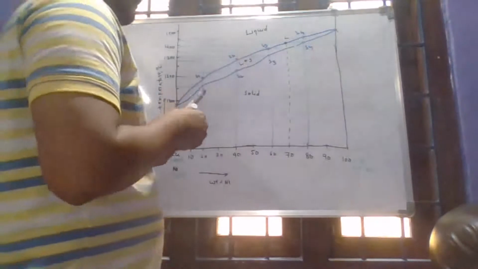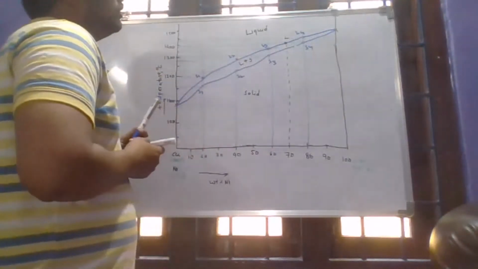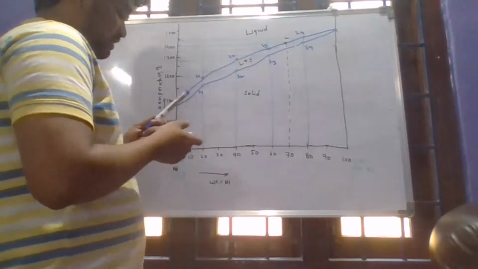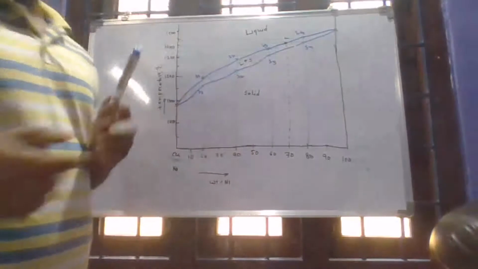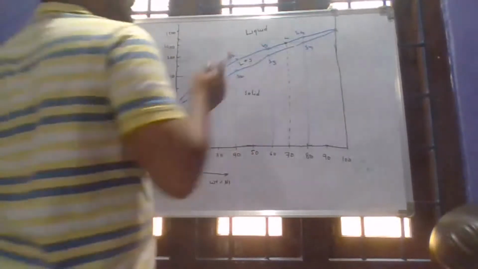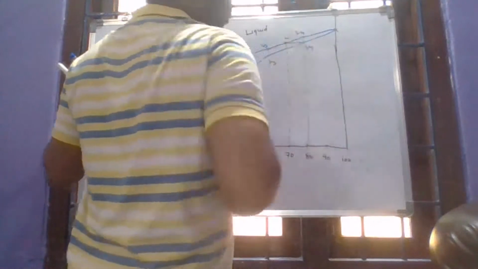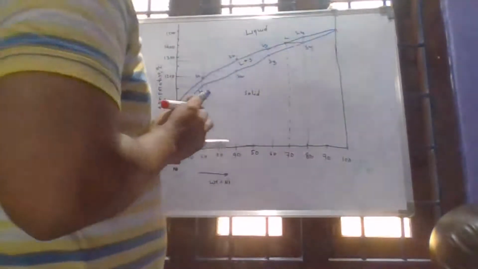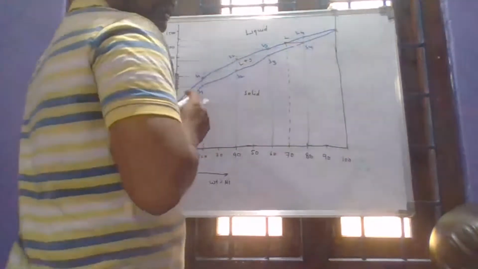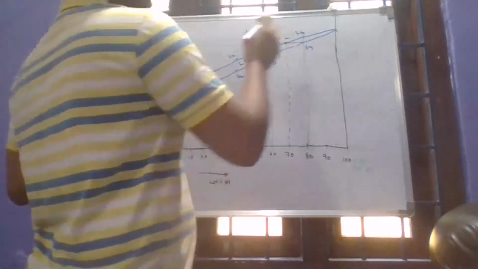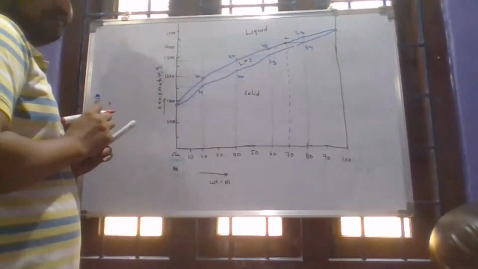Now what is the composition of the first solid crystallizing out of the liquid? If I draw the line from L, wherever it intersects the solidus, we call it the first solid crystallizing out of the liquid.